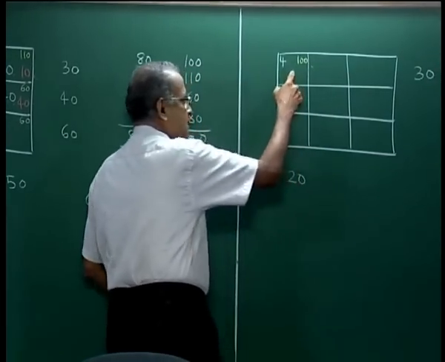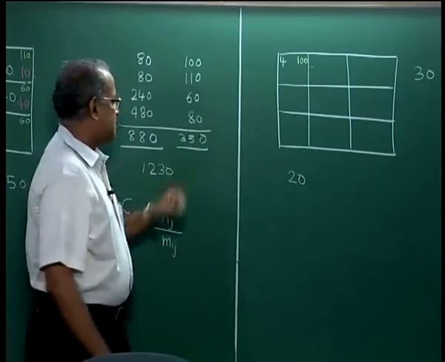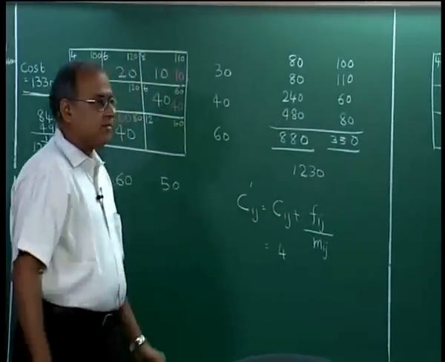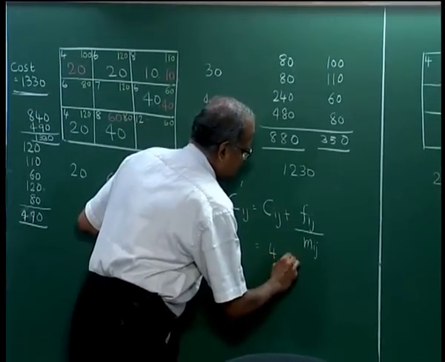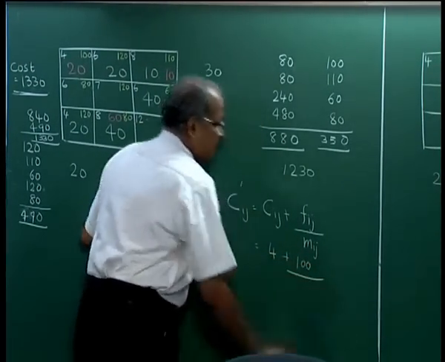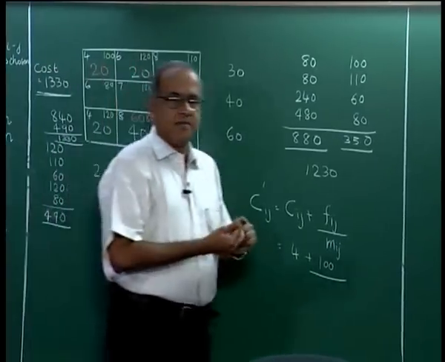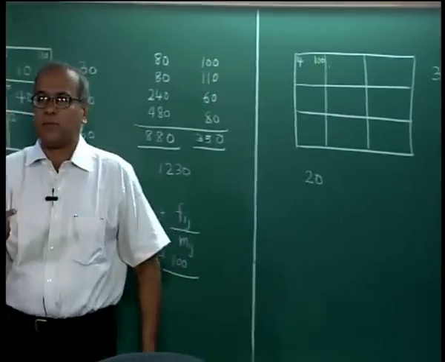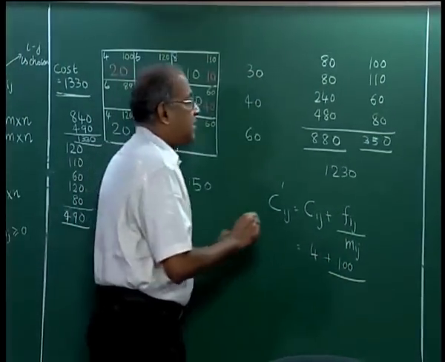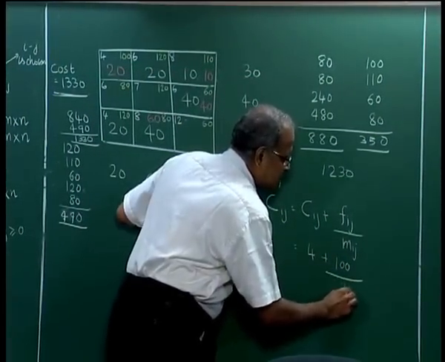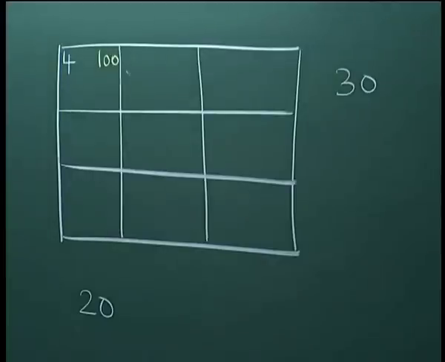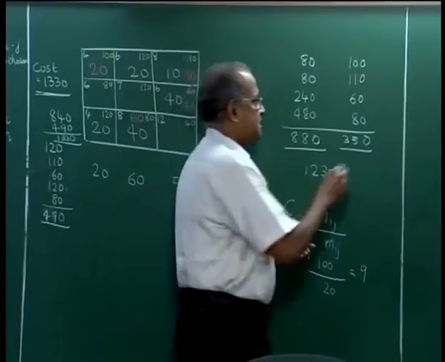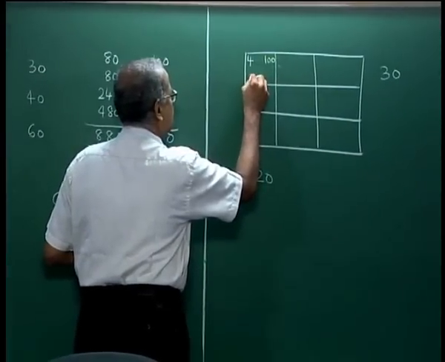So, if we consider this position, C dash ij will be Cij, which is 4, plus Fij, which is 100, divided by Mij, the minimum of the supply and the demand. So, minimum of 30 and 20, which is 20. This would give us a number equal to 9. So, I am going to write this number here, this number is 9.